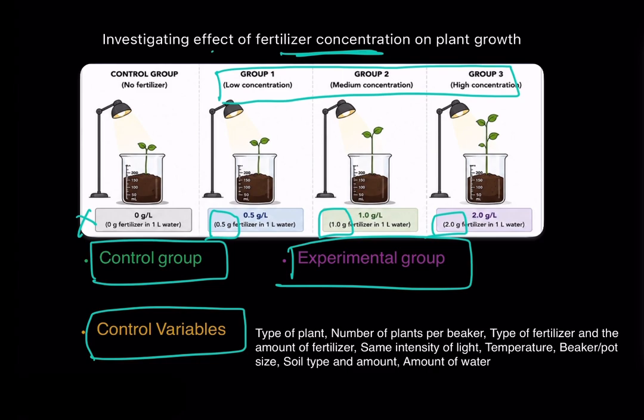Probably the type of plant that you use, the number of plants that you put in that beaker or the cup, the type of fertilizer used, the amount of fertilizer, the amount of water that you're giving to each of these plants, the intensity of light, the temperature, the type of soil. So there can be n number of things that you would want to keep constant. If you've taken care of most of them or all of those constants, your experimental results will be more reliable. Okay, so this is what concludes our lesson for today. Thank you for watching.